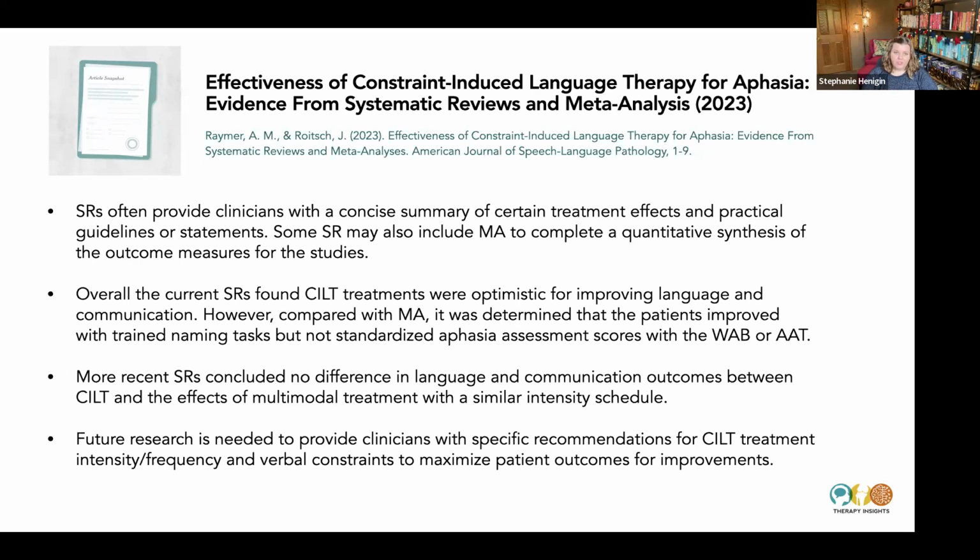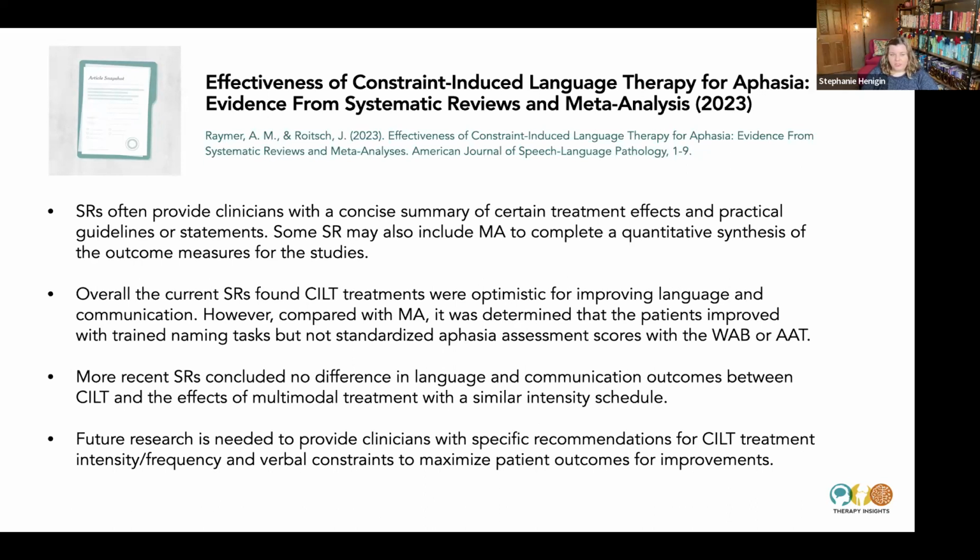So in this study, systematic reviews in general often provide clinicians with a concise summary of certain treatment effects and practical guidelines or statements. And some systematic reviews may also include meta-analysis to complete a quantitative synthesis of the outcome measures for a study.